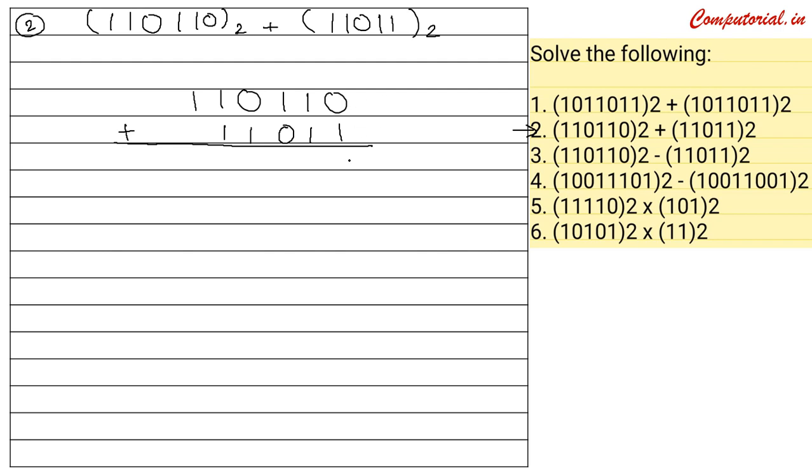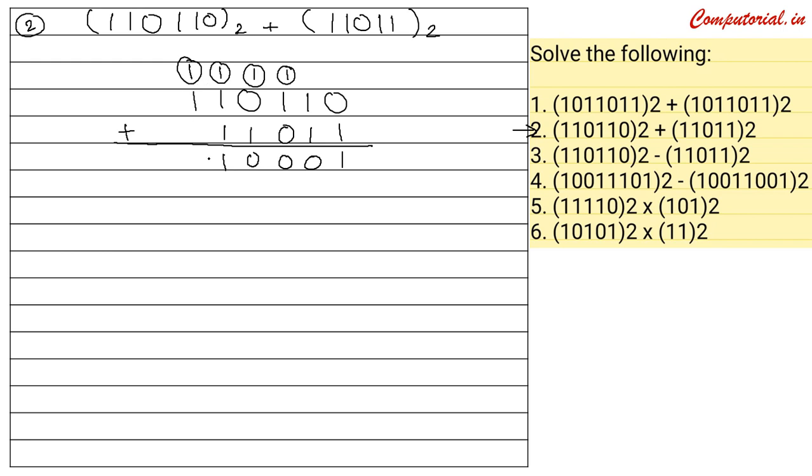So first it is 0 plus 1, it will be 1 only. 1 plus 1 will be 0 and a carry of 1. Then we have to add this one with this one, so it will be 0 and a carry of 1 will be generated. Then we have to add these 2 ones, so it will be 0 and a carry of 1 will be generated. Now we have to add these 3 ones, so it will be 1 and a carry of 1 will be generated.